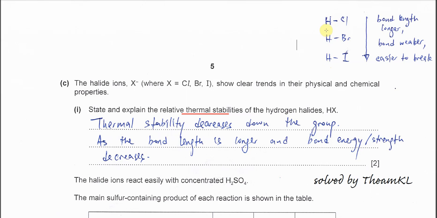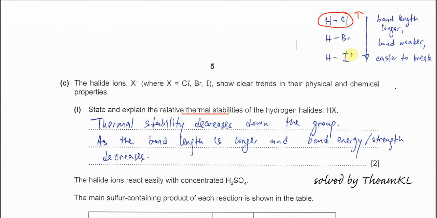So we know that the bond energy of HCl is highest because the size of chlorine is smallest among these, and the attraction of the nucleus towards the shared electron is strong. That's why it's harder to break. So the bond energy of HCl is higher.